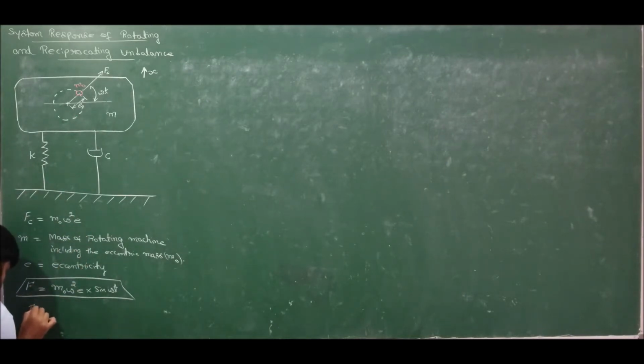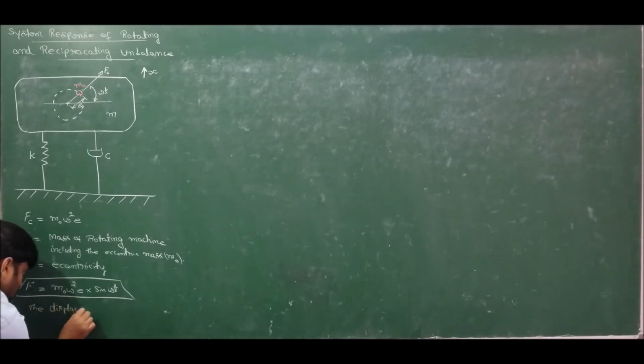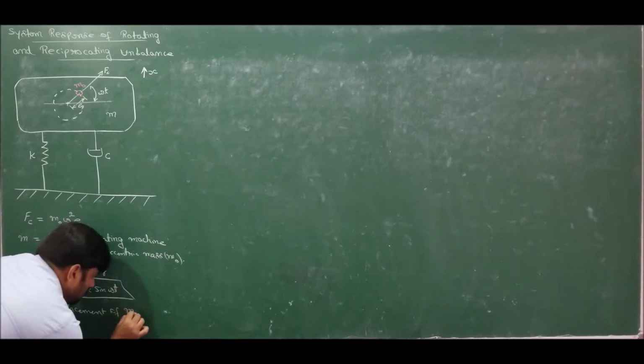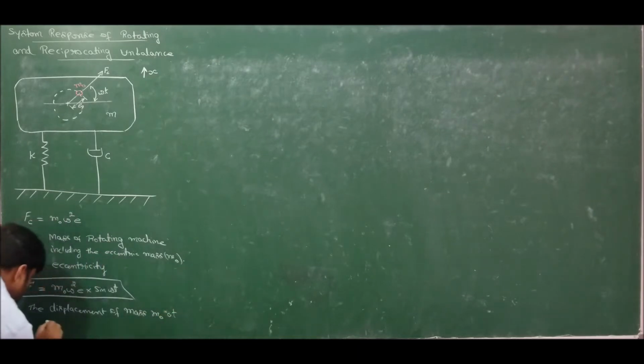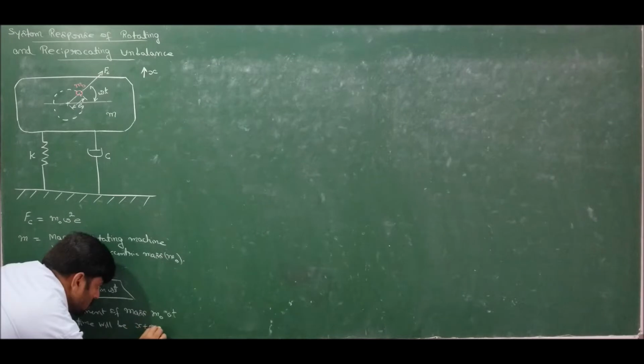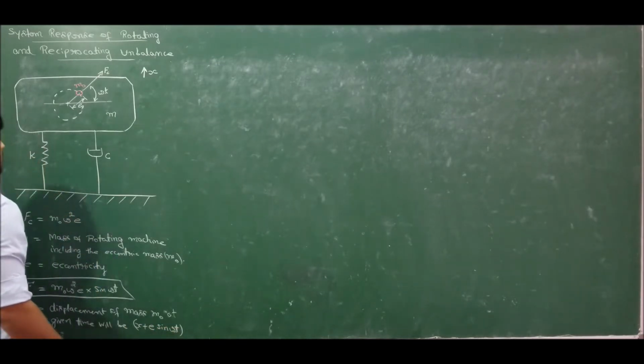Now the displacement of mass m naught at any given time will be x plus e sin omega t, correct?